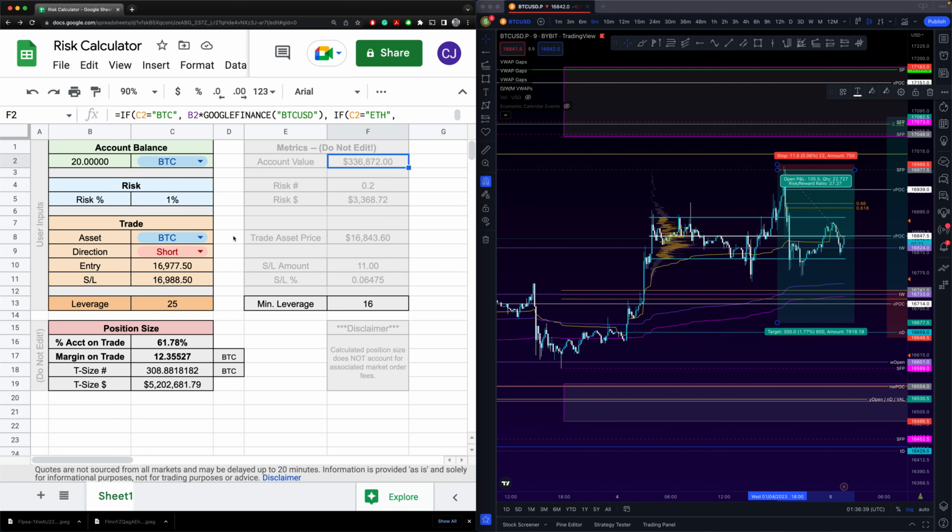But I'm still only risking 1%. When you start to understand the power of having a tight stop loss, you start to realize how you can be using leverage to your advantage as a tool to get very large trades while still only risking a very small amount. So it's very powerful to understand that.